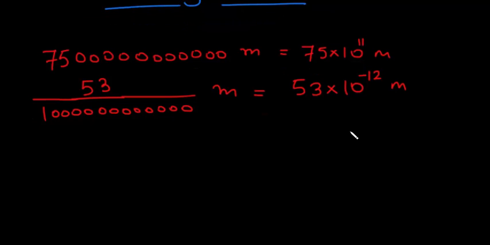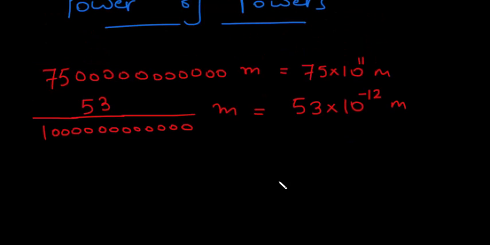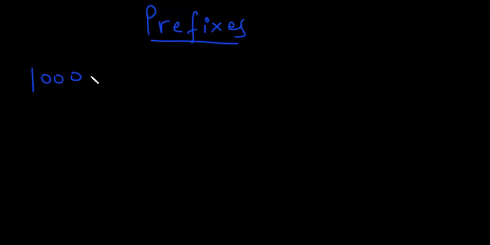But can we write them in an even simpler way? Yes, we can, by using prefixes. A prefix is a letter we write before a unit and it tells us the power. So 1000 meter can be written as 10 to the power 3 meter.